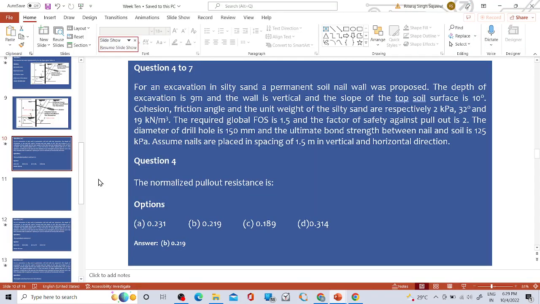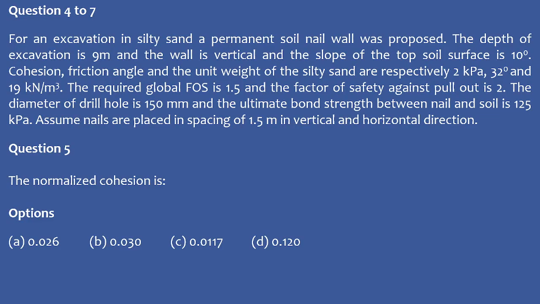Let's move to the next question. Next you need to calculate the normalized cohesion. All these parameters which we are calculating help us in designing the required nail dimensions or the characteristic strength, the material strength which is required to be inserted into the ground.